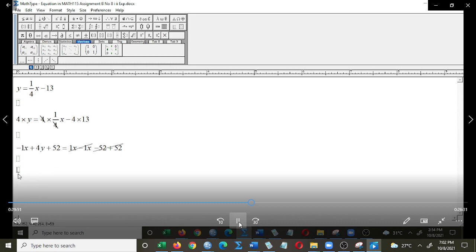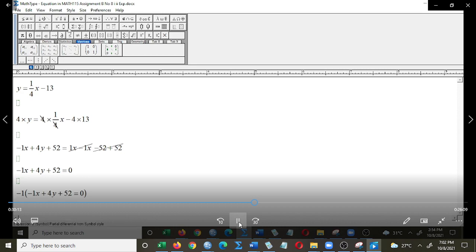Now another point: it didn't really specify, but the ax has to be positive. That's another rule. So what we do now, we have to multiply by negative 1. Please take note of that. The ax has to be positive, so we have extra work to do there.